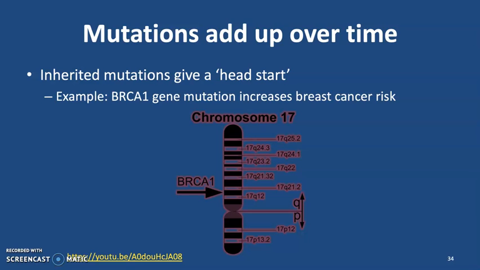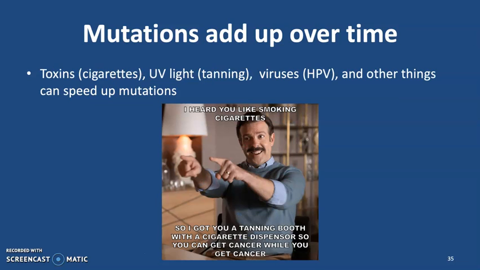And it's so much of an increased risk that many people decide to remove their breasts and their ovaries to avoid cancer in the future. This is something that can appear in pretty young people. I mean, with this mutation, the cancer might actually start to develop in the 20s or the 30s. It's a very aggressive mutation. So you can have a head start.